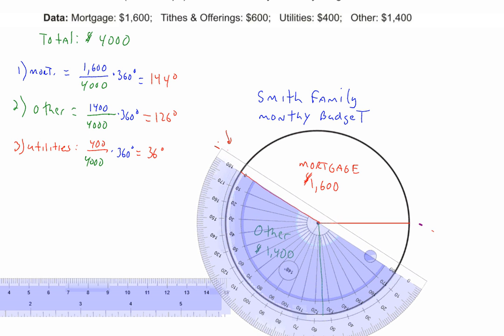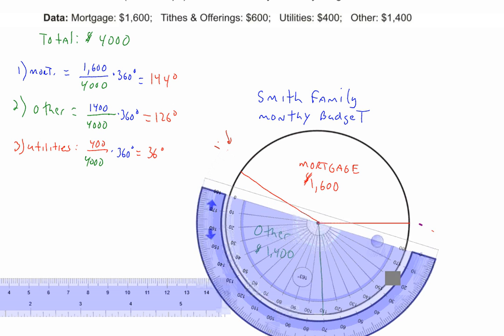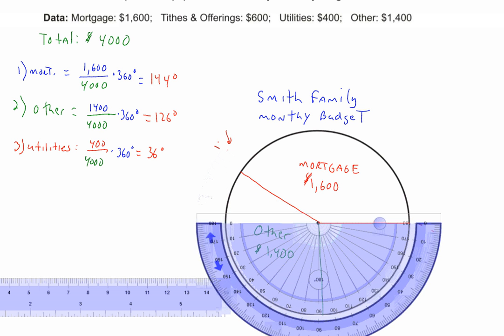So I got my center. Learn how to use this thing. Because I'm lining up this one and going this way, I start at 0, right? And how many degrees was it? 36. So again, I'm going to put my mark outside the 36, which is right about there. There's 36.